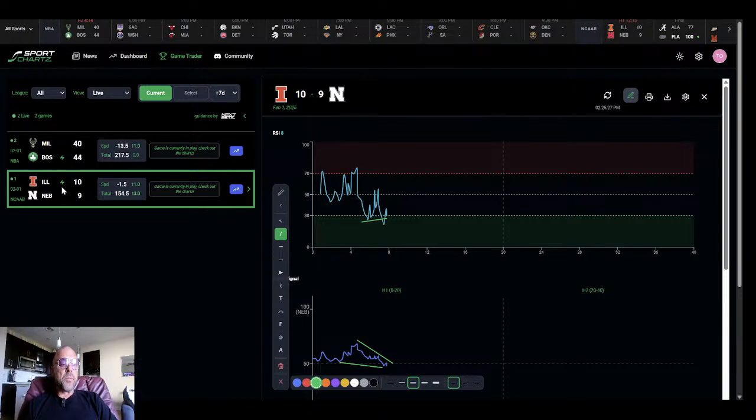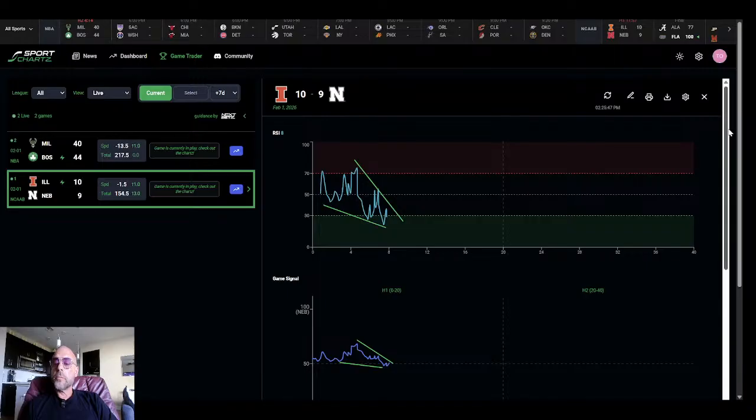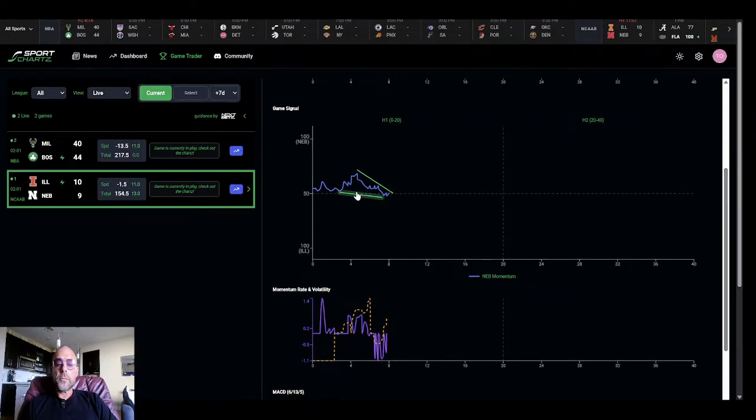Here we have a little momentum indicator too. So the momentum is with Indiana. Oh, we just lost this divergence here, but pretty oversold. Oh, maybe something like this. Oh yeah. I wonder what Nebraska is doing right now.